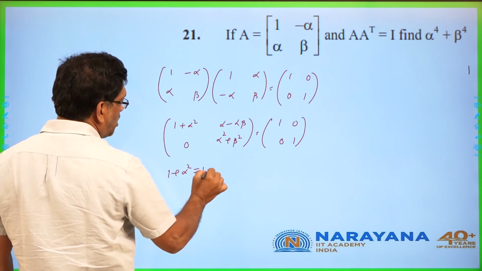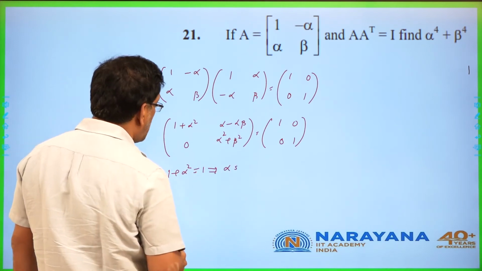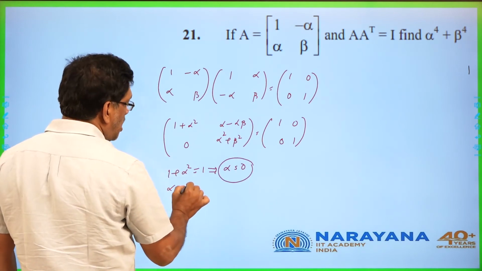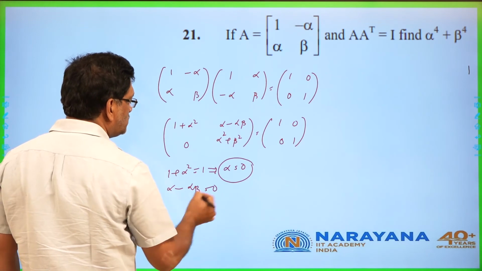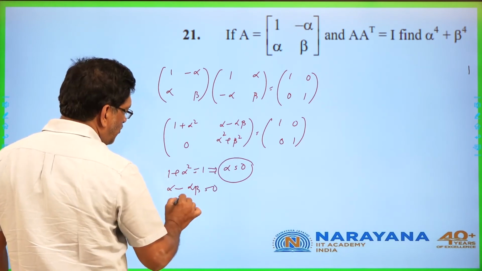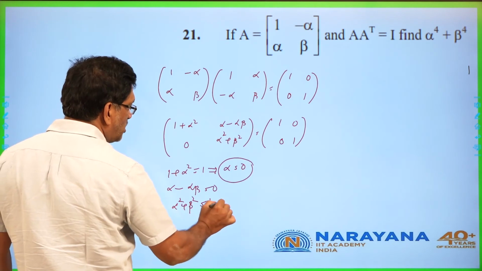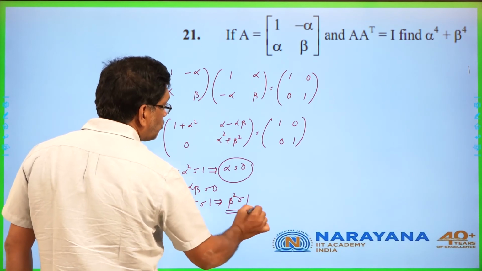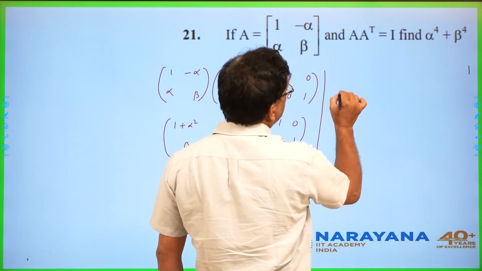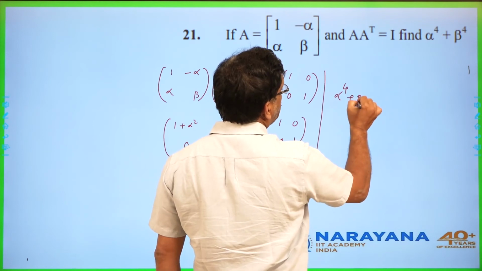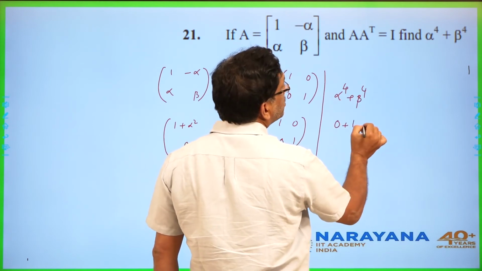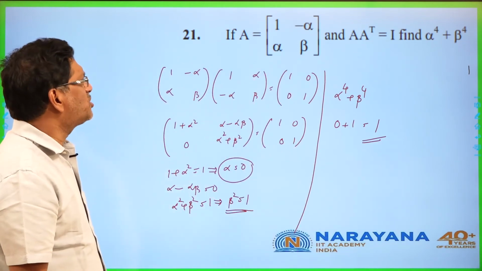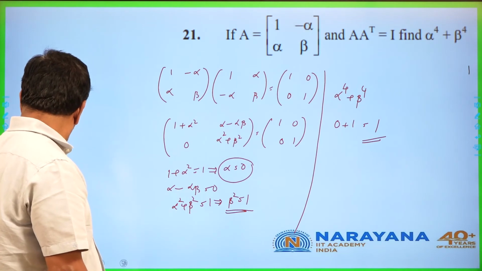So 1 plus alpha square is 1, which means alpha is 0. Take the next one, alpha minus alpha beta is 0. Alpha square plus beta square is 1. Since alpha is 0, beta square is 1. What is he asking? He is asking alpha power 4 plus beta power 4. This is 0 and that is 1. It is 1 only. Simple question from matrices. Go to the next question.